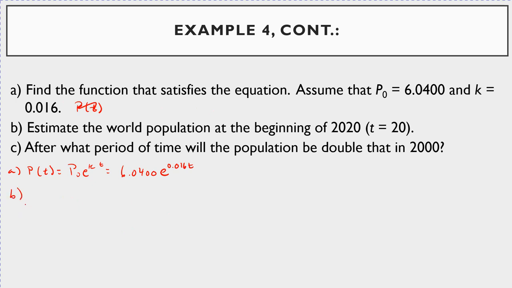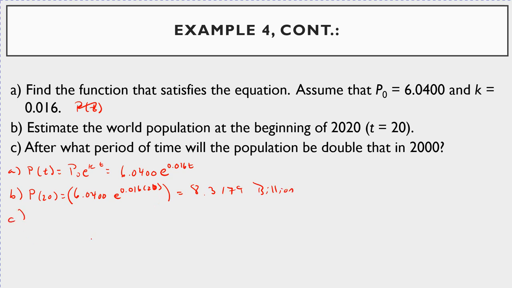So if I estimate the world population in 2020, I'm just going to take 20 and plug it in. And if you grab a calculator and plug this in, it'll be roughly 8.3179, and this is in terms of billions.